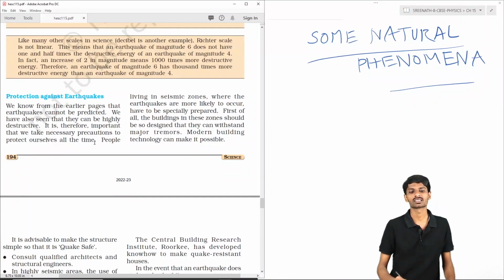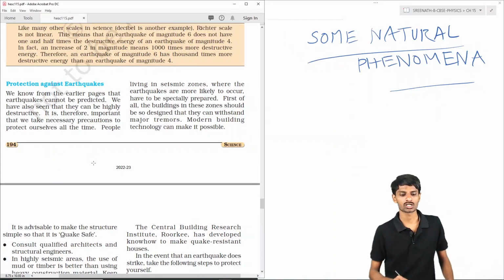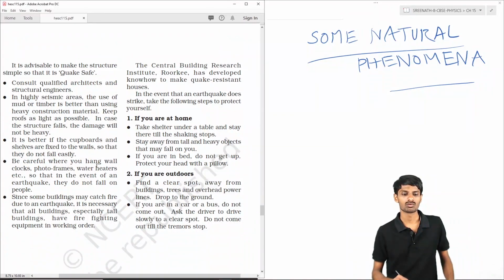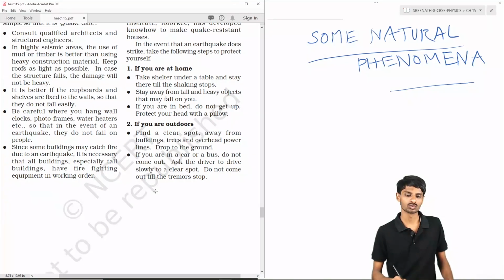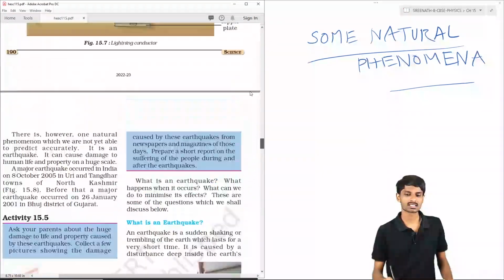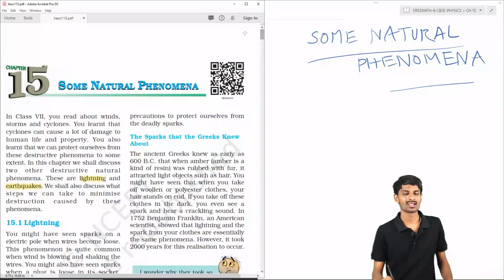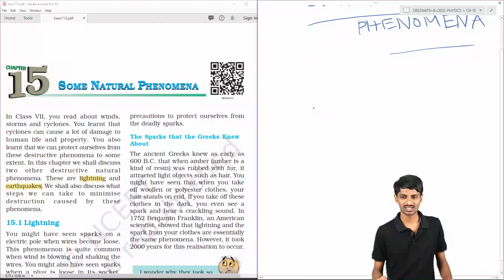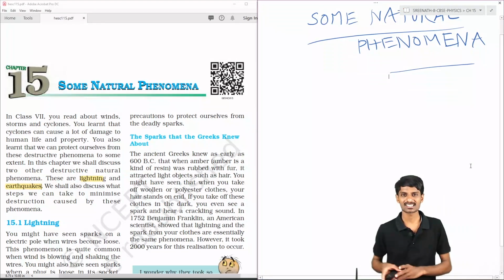In the case of earthquakes, how do we get protection, what are the do's and what are the don'ts? If you are at home, what to do? If you are outside, what do we have to do? So this is the whole chapter, students. This is what we are going to discuss now. Are you ready, students? We are going to start this session.